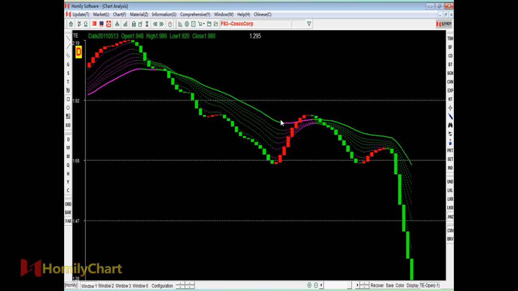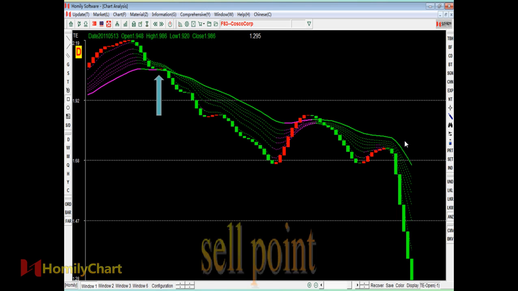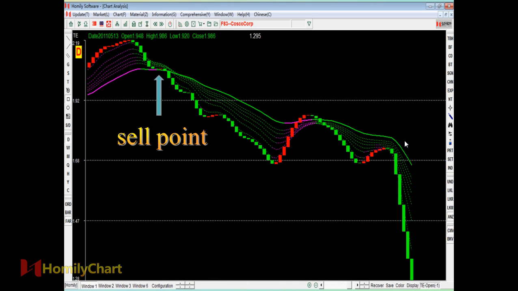But if the main line goes up and the candlestick is above the main line, the trend is medium-term uptrend. Okay, so we can see these shares. Of course, we know that this share is always in the downtrend because the candlestick is below the main line and the main line goes down. Okay, so this is the sell point.